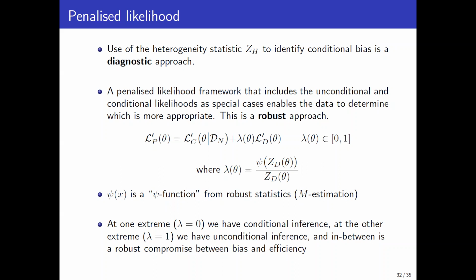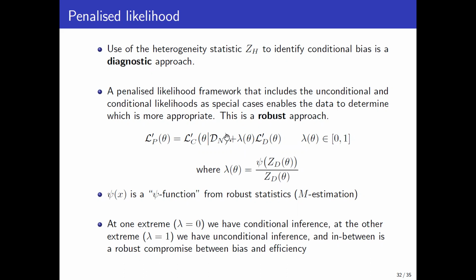When the conditional approach is more appropriate, it goes in the conditional direction, and we just let the sample decide how far in either direction we should go. And that's achieved using this concept of a penalized likelihood approach. The unconditional log likelihood is the sum of the conditional and design log likelihoods.